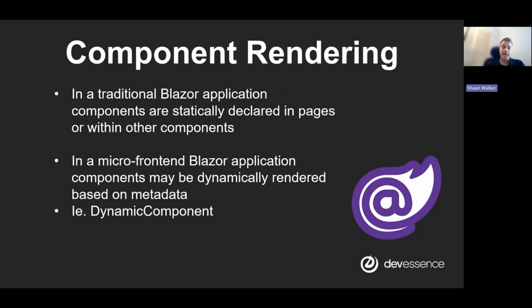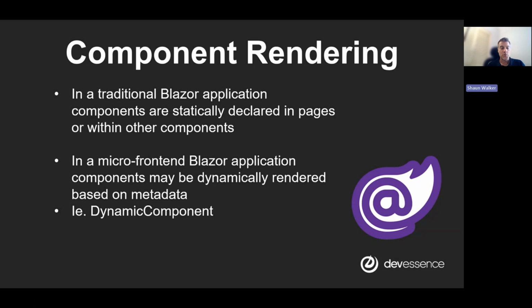Component rendering. In the traditional Blazor application, you include references to components in pages or within other components, and those are all statically defined. Whereas in a micro-frontend Blazor application, you may want to use configuration to identify the different components that should be rendered in different scenarios.